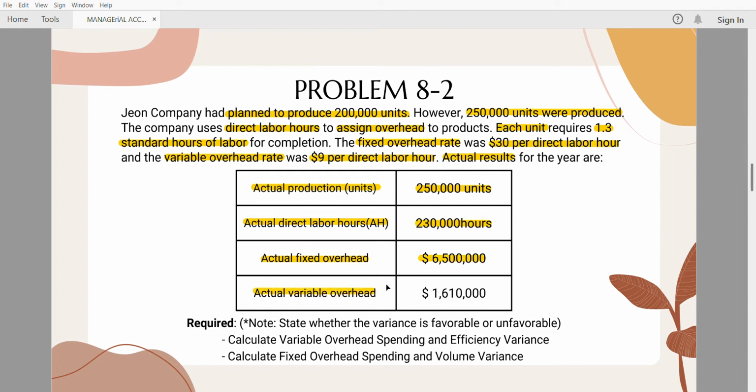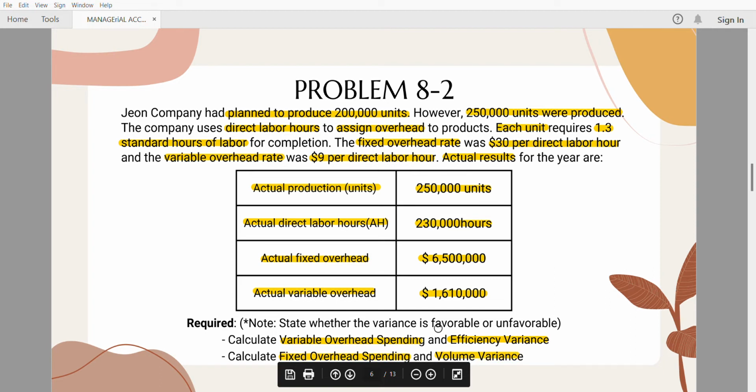Actual variable overhead, 1,610,000, and it's all in bulk. Okay, so we are right here. The requirement is to state whether the variance is favorable or unfavorable, still the same, and then we need to calculate the variable overhead spending and also the variable overhead efficiency variance. We also calculate the fixed overhead spending and the volume variance.